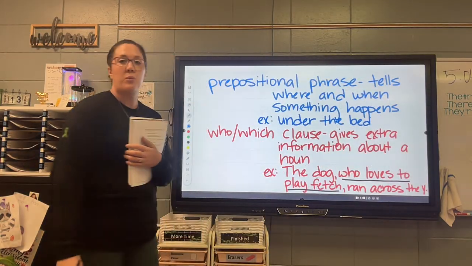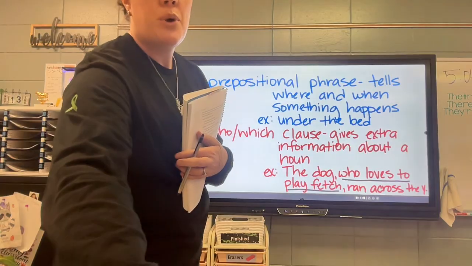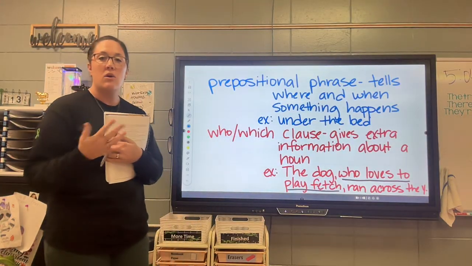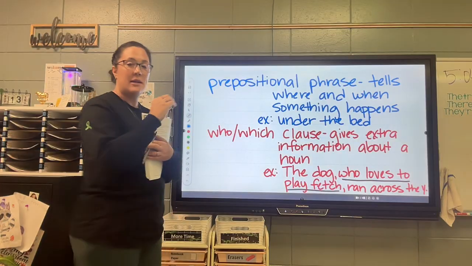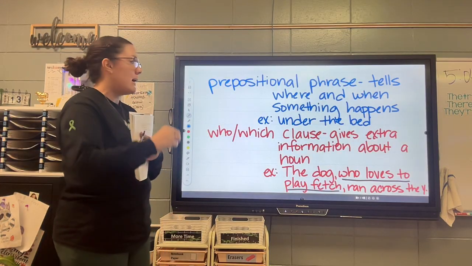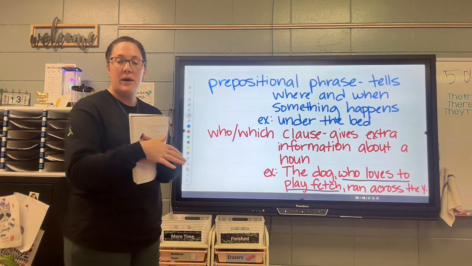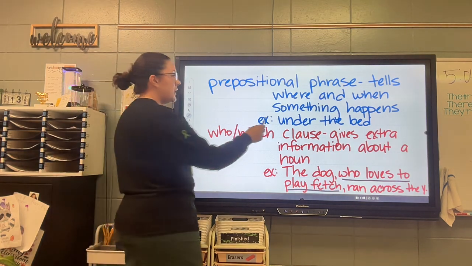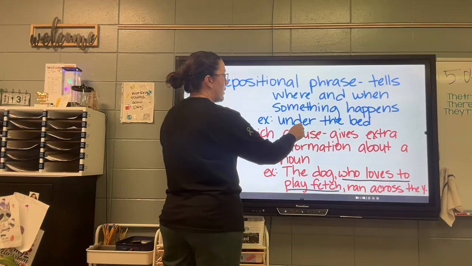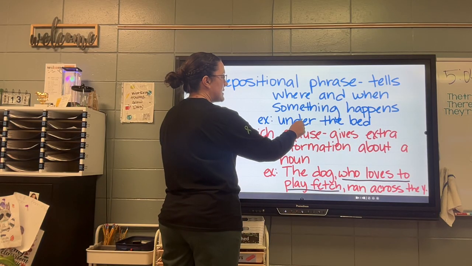Okay, we also have prepositional phrases. A prepositional phrase just tells you where or when something is happening. So if I have the phrase under the bed, that's a prepositional phrase. If I say my toy is under the bed, in that sentence, under the bed is my prepositional phrase. Under is telling me where or when something is happening.